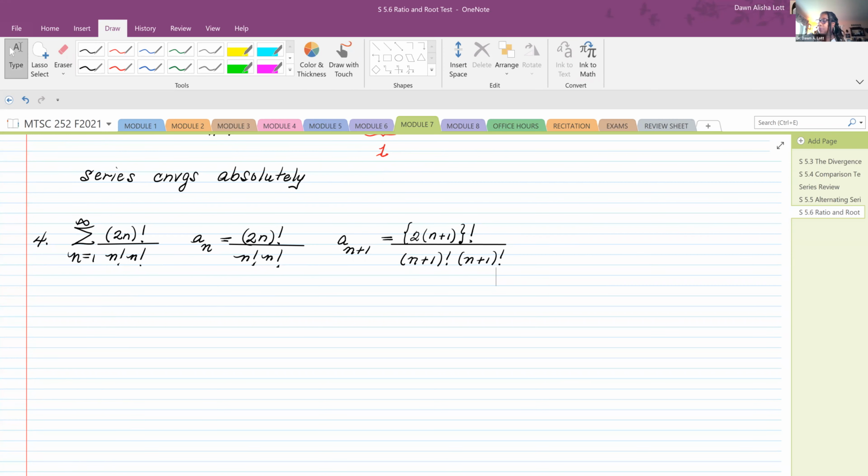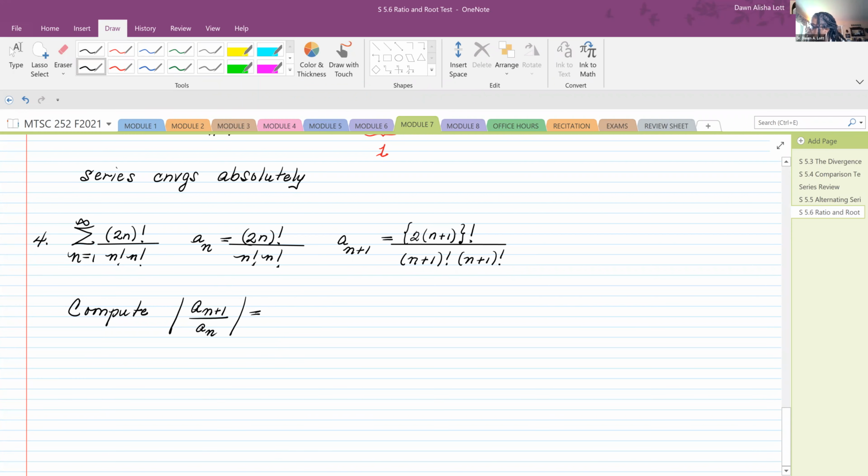Okay, thank you. So now I need to compute the absolute value of a_{n+1} divided by a_n. I don't need absolute values; everything's positive.